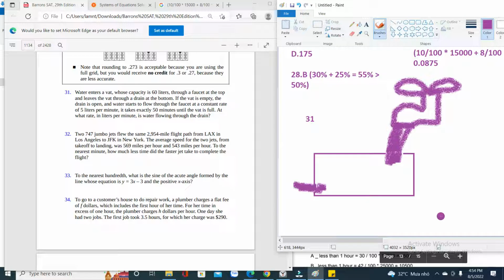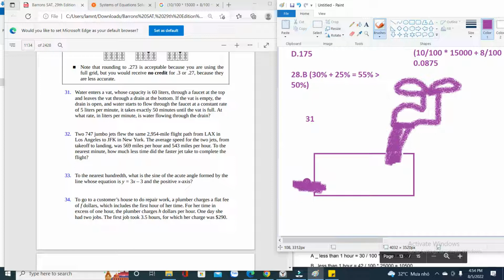So we know the capacity of the vat, and we know the flow in. If the vat is empty, the drain is open, water starts to flow in at a constant rate of 5 liters per minute. It takes exactly 50 minutes until the vat is full. At what rate is the water flowing through the drain? We're asked about the velocity of water out here.